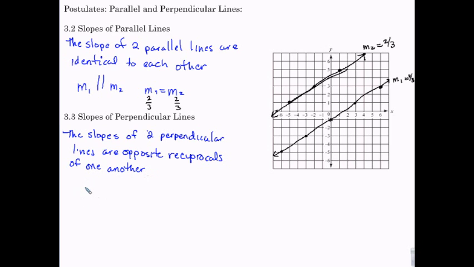Okay, so if I have two lines that are perpendicular to one another, if the slope of line 1 is perpendicular to the slope of line 3, let's say, I'm going to use the same graph, so line 3, then M1 would be 2/3. The slope of line 3 is going to be negative 3/2.